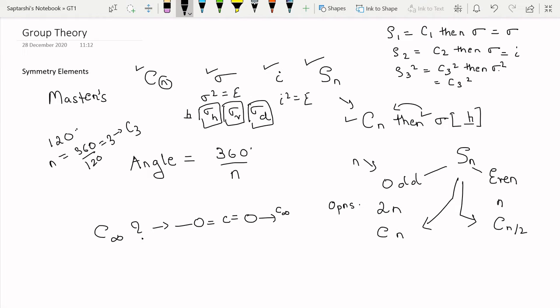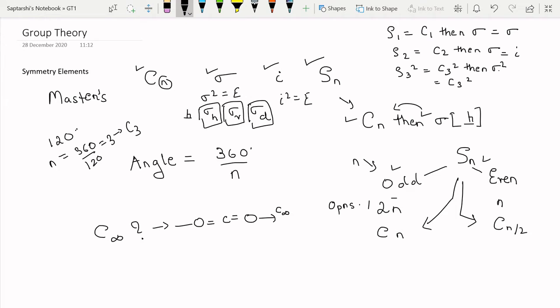In Sn, the n can be odd or even. If n is odd, let's say S3, it requires 2n operations to reach the exact identical configuration, that is, to be equal to E. So S3 will require 6 operations.